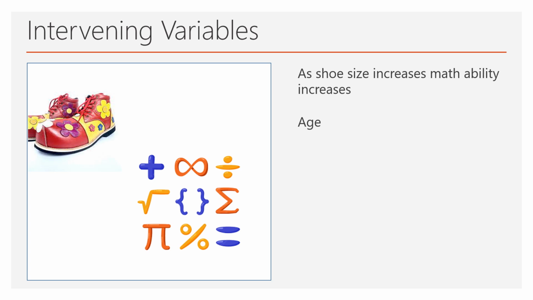So for example, when we look at the SAT, there's an argument made that the SAT measures your readiness for college. But there's an important intervening variable here, which is social class. People of higher socioeconomic status tend to do better on the SATs.